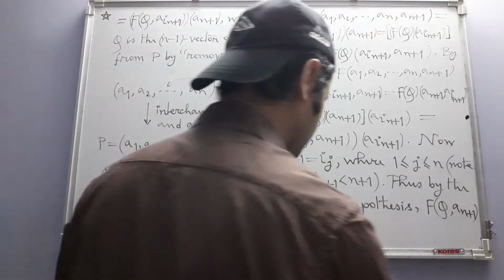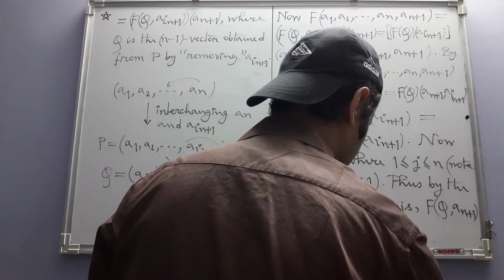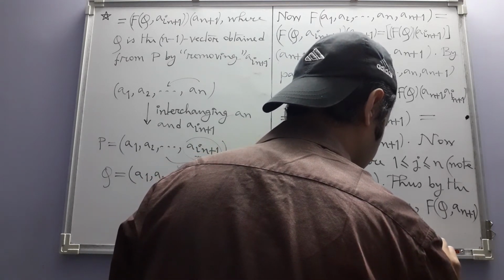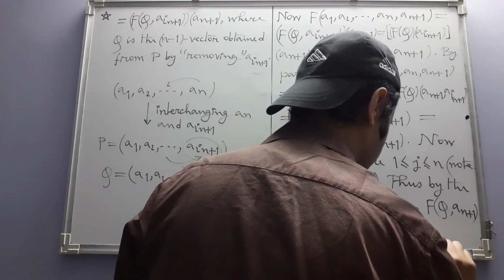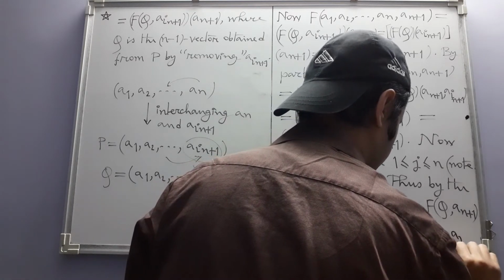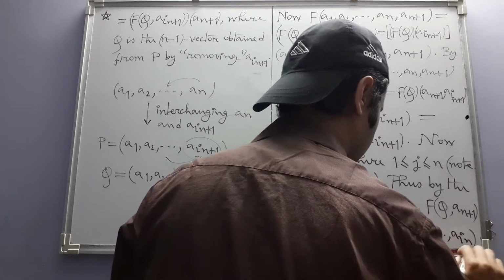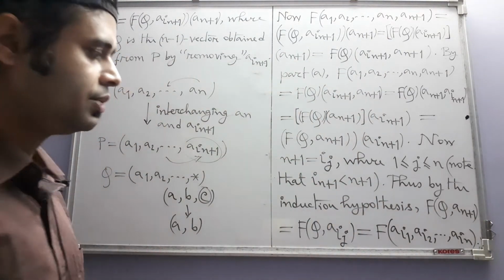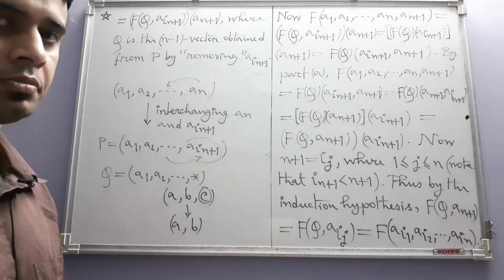Now this will be equal to F(Q, A_{i_1}, A_{i_2}, up to A_{i_n}). The question is, what have we done in this last step?